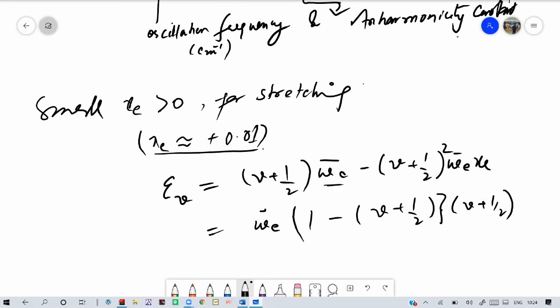I have taken this and this common, nu plus 1 by 2. Here it is square, here it is 1, so I have taken this common, and here it remains 1 minus nu plus 1 by 2, and there is X E. The anharmonicity constant will be there.